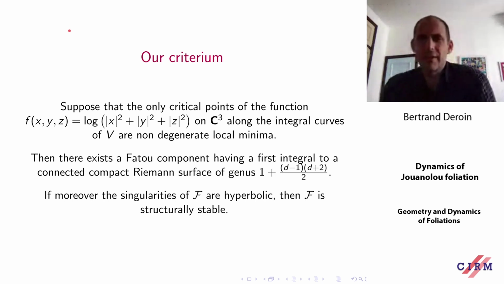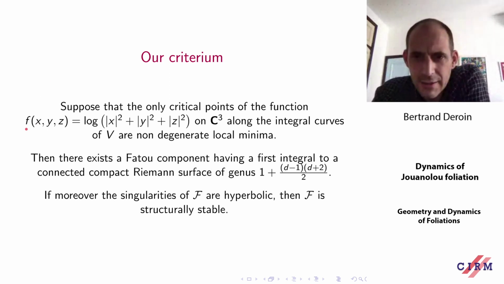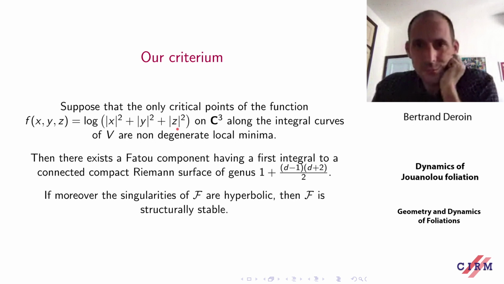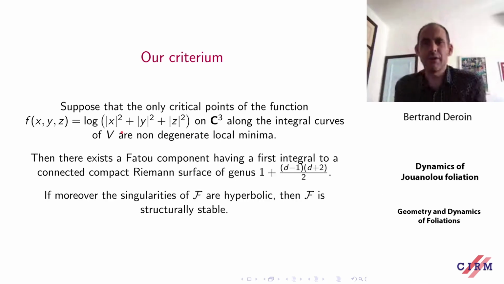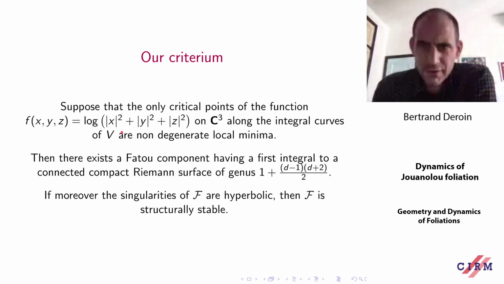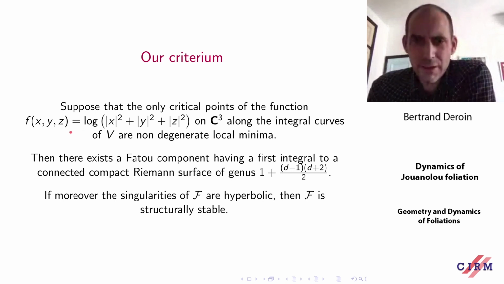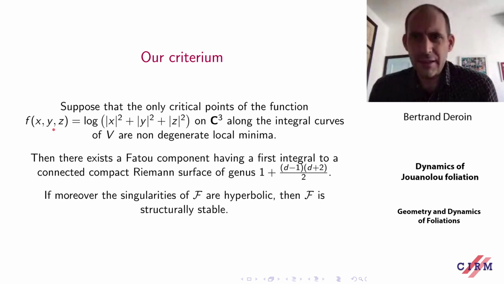So here is the criterion. You take that vector field and you introduce this function, which is just the log of the Hermitian norm on C3. You may restrict this function to the integral curves of the homogeneous vector field of zero divergence, and look at the critical points of this restriction.